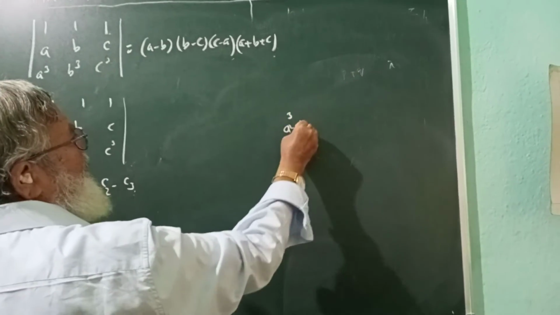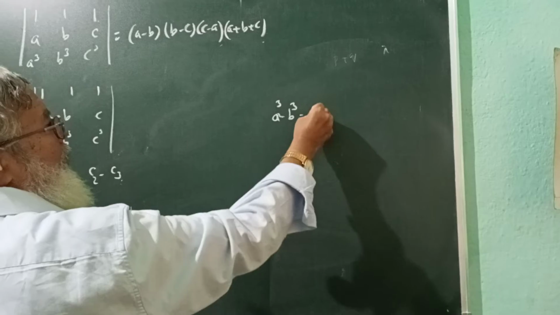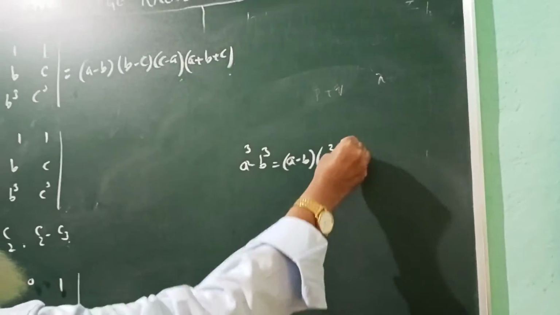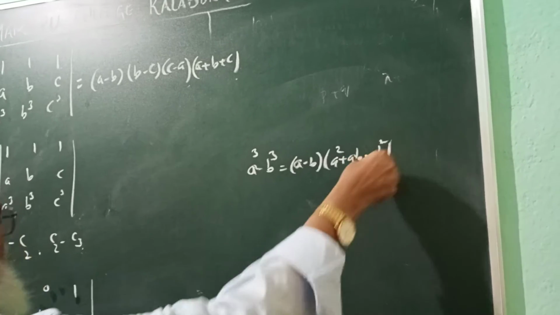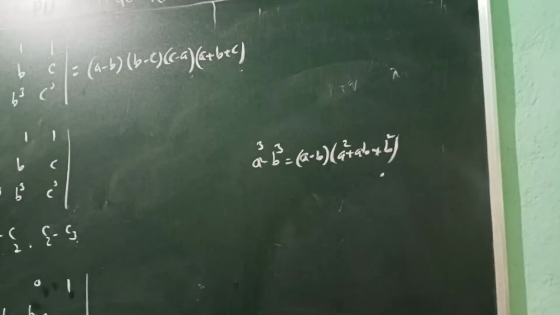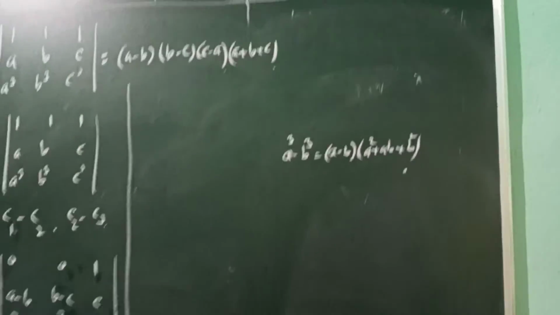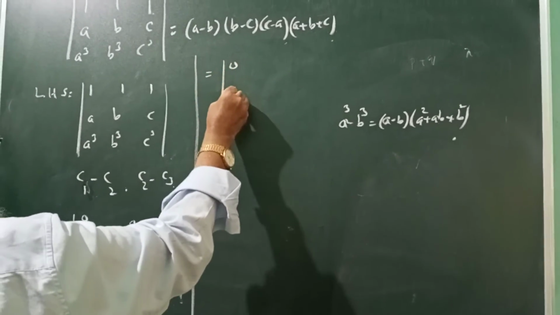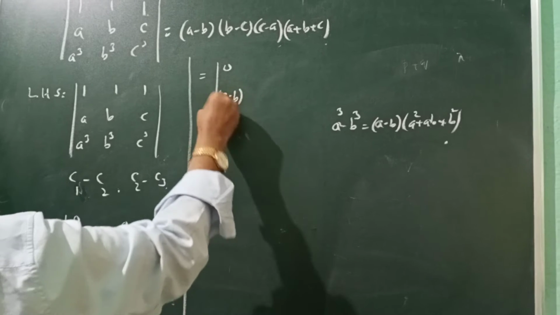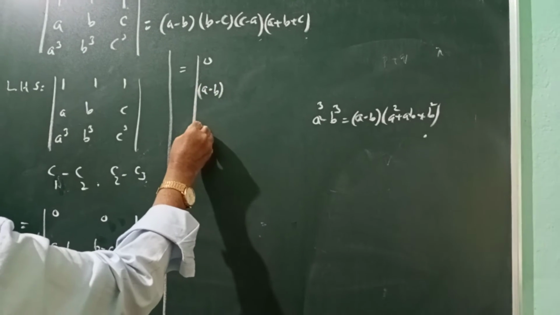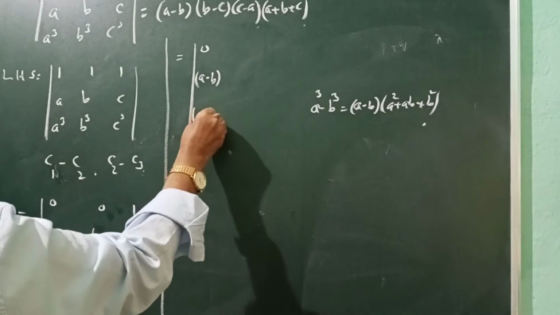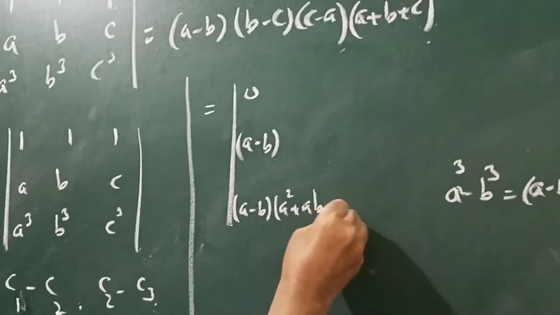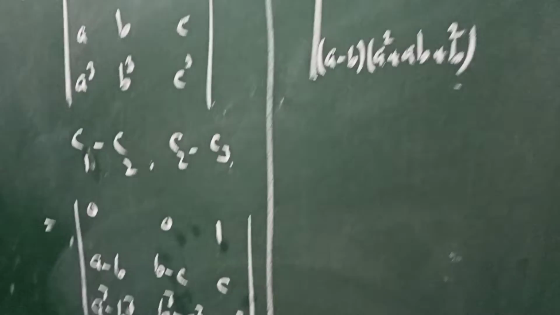A cube minus B cube is equal to A minus B, A square plus AB plus B square. We have to use this formula. Let us see. We can write this as 0, A minus B, and here applying this formula, A minus B, A square plus AB plus B square. This is the first column.